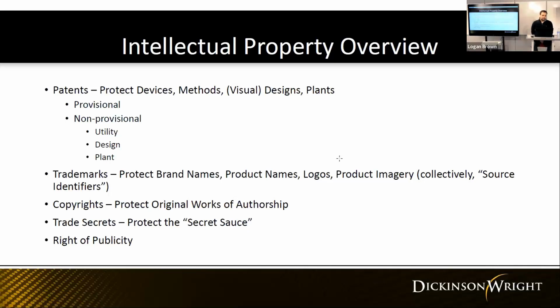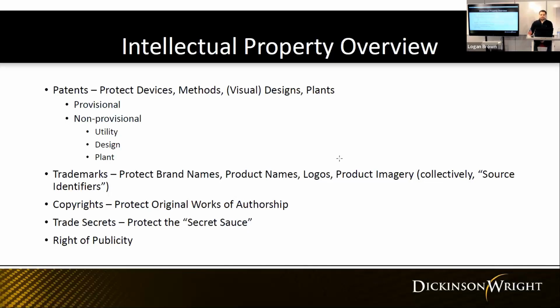The different types of patents that are available are, first, there are provisional patents. A provisional patent is basically just a placeholder in line for you, just to try to get your foot in the door with the patent office, to disclose your idea and essentially reserve your rights to that idea on that date that you file the provisional.